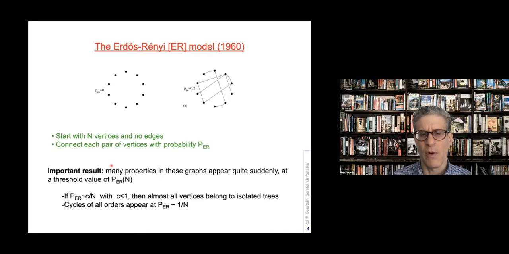And then one of the things that he noticed is that as you vary that probability, the properties of the graph appear very suddenly at a particular value of P_ER, which is around 1 over the number of nodes. And under that, there's really just isolated bits, and then a graph starts to emerge.